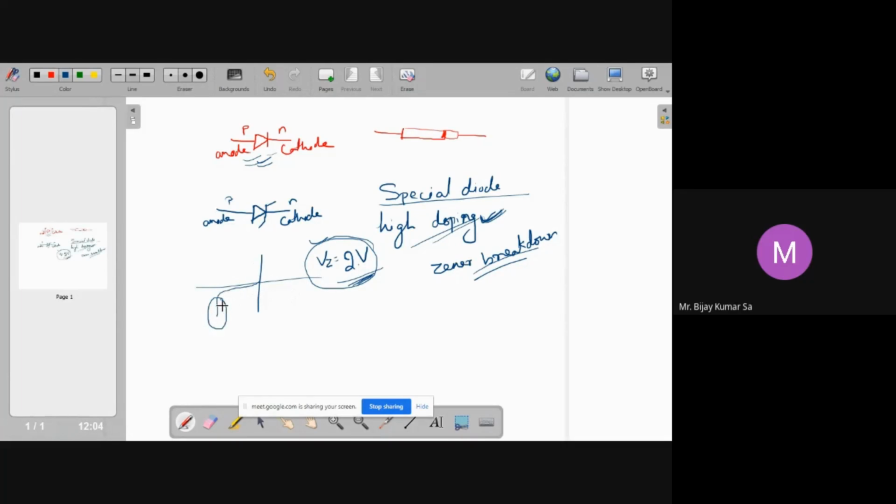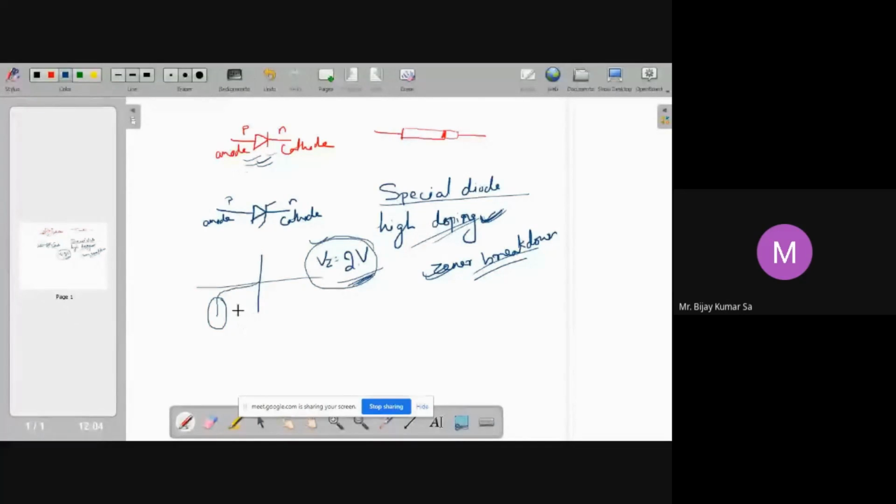So in the breakdown region, which breakdown dominates? The zener breakdown dominates. So this is the difference between a normal diode and a zener diode.